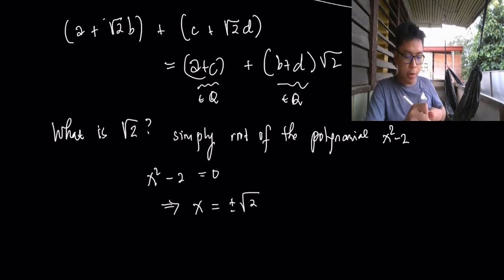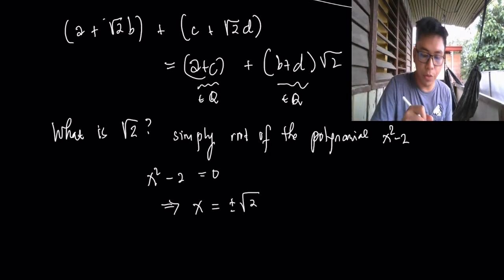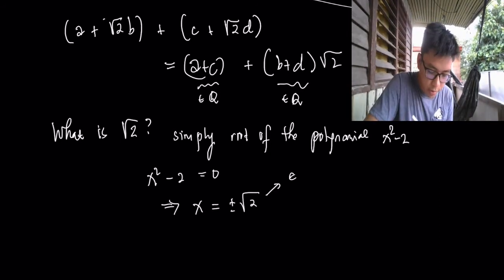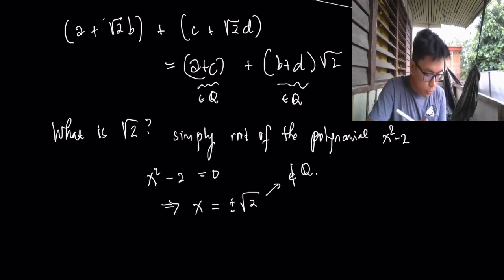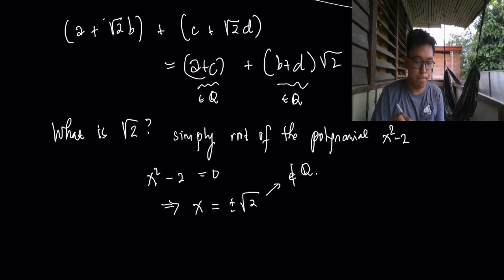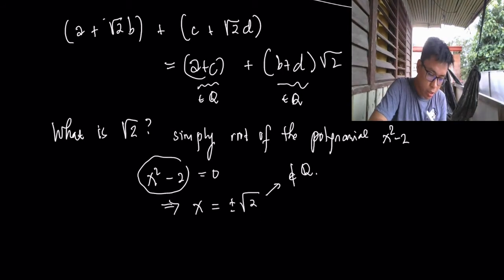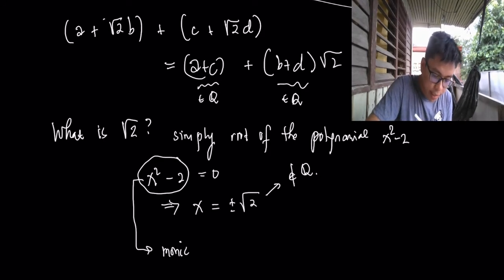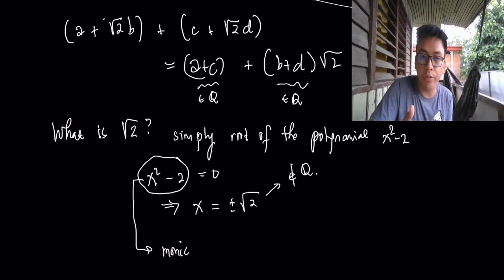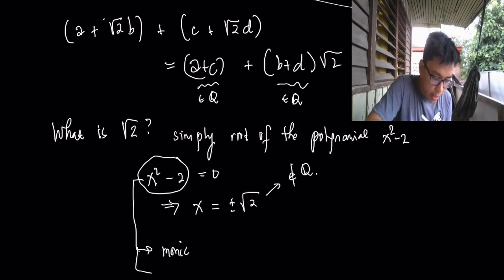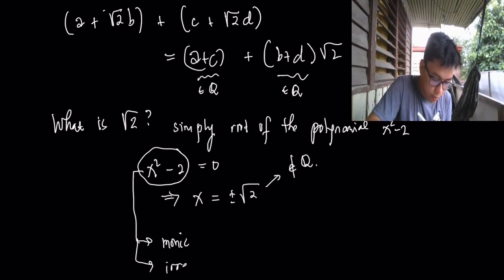So square root of 2 is a root of the polynomial x squared minus 2, and square root of 2 is not an element of Q. This polynomial is monic, in the sense that the leading coefficient is 1, and it is irreducible.